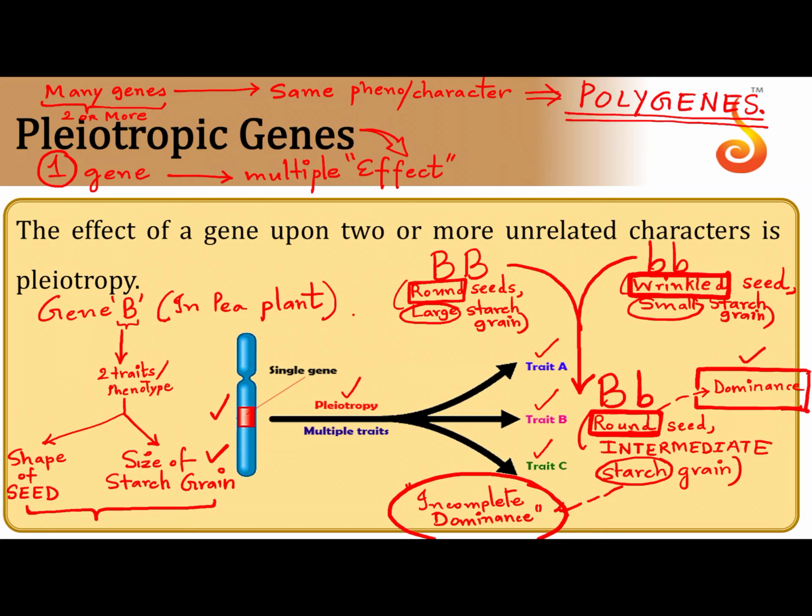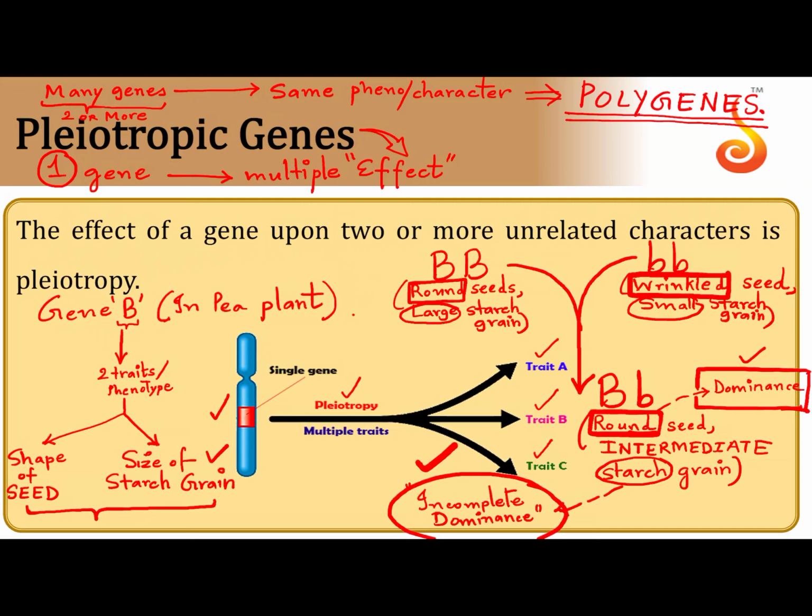But in reality, what is the starch grain size here? It is neither large nor small. It is intermediate. So when it comes to the starch grain size, it is an example of incomplete dominance. But even though the size of the starch grain is intermediate, the shape is not affected. The shape is round. So if you look at round by itself, you would say that it is dominance. But if you look only from the point of view of the starch grain, you would say that it is incomplete dominance.